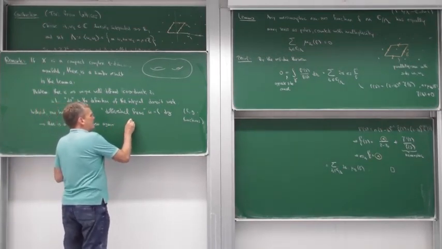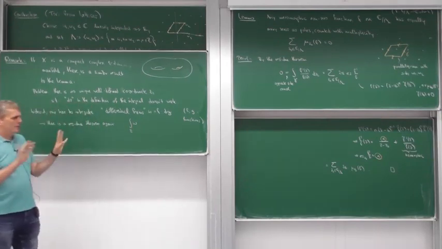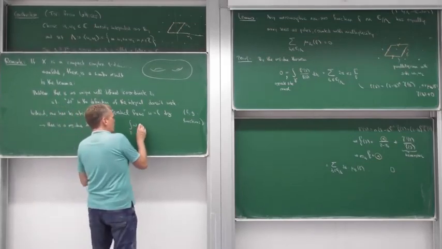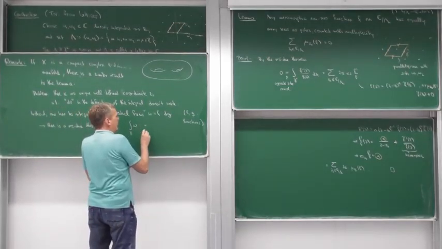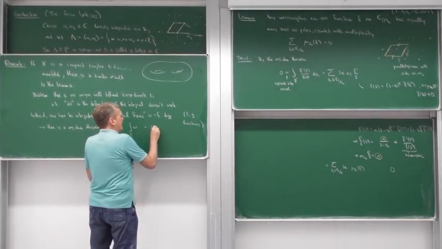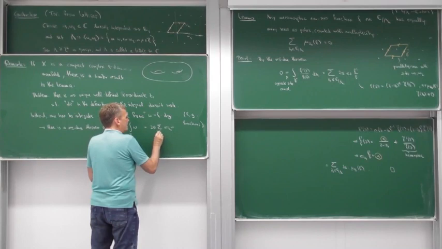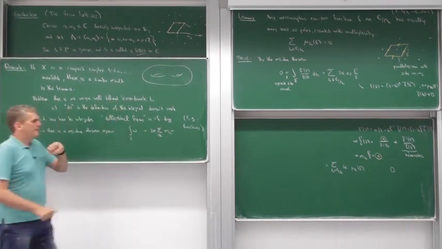Namely, it looks the same as before. We have an integral over gamma of some differential form omega, so that omega includes the d-something. There's no dz or anything behind that. And then we again have 2 pi i times the sum of the residues of this differential form, where z0 as before runs over all points in the interior of gamma.